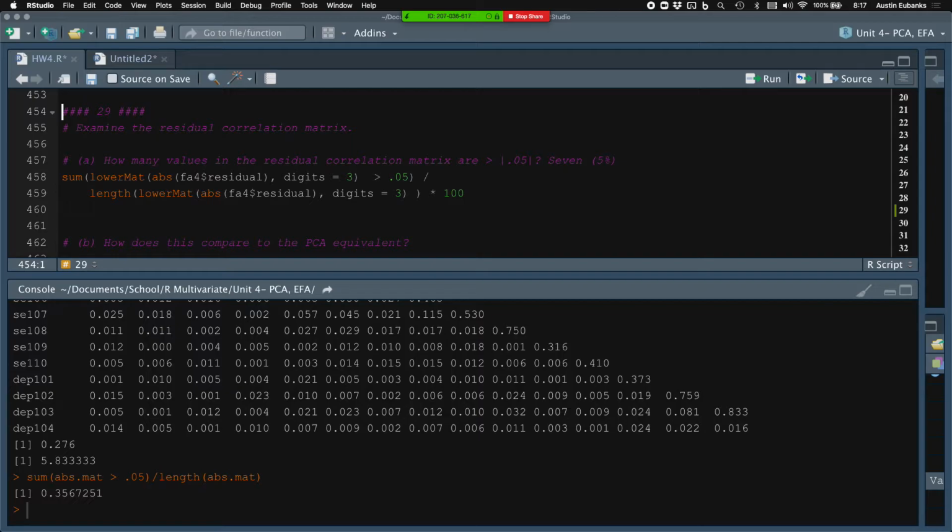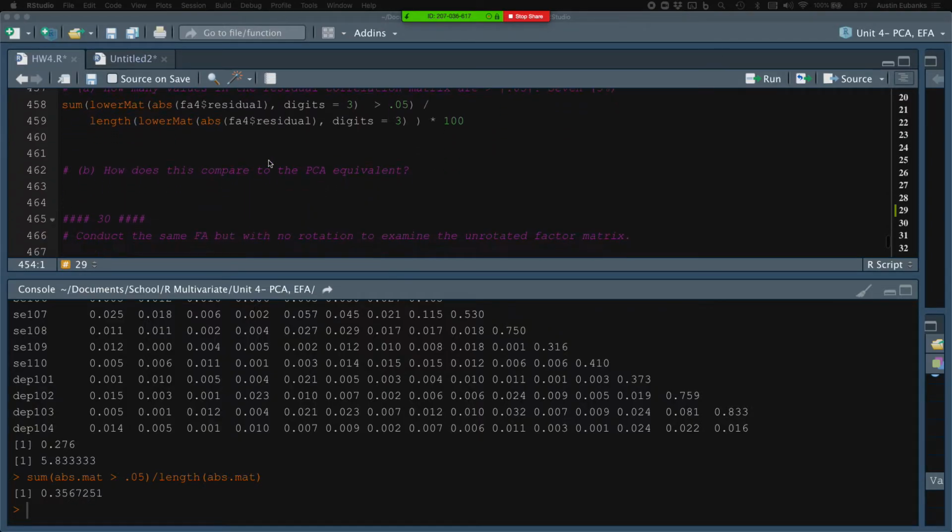So in the original PCA, as Morgan pointed out, there were many more of the residual correlations that exceeded 0.05. So we were off in our estimate a lot more in a PCA than we are in an EFA. And that's pretty much always going to happen, because EFA doesn't put in unique variance.